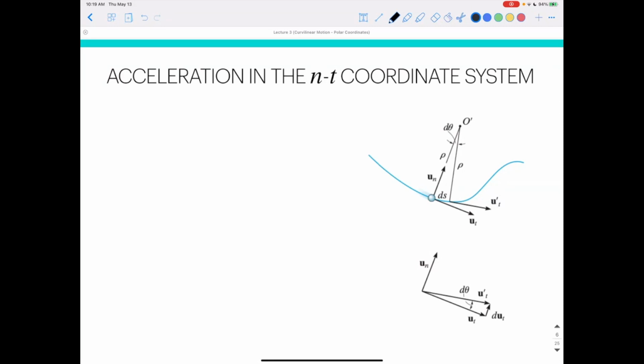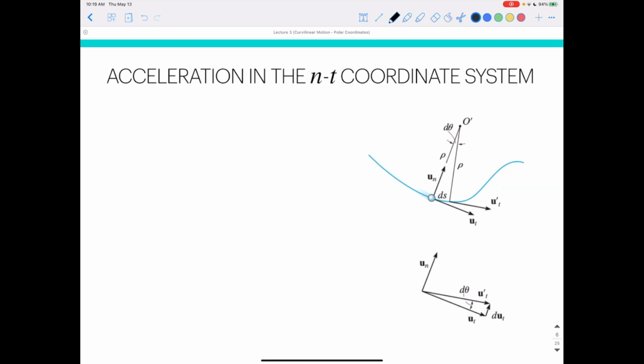So we know the definition of acceleration is the time rate of change of velocity. When we defined that with rectangular coordinates, it was just the time rate of change of our velocity vector, which was the second time derivative of our position vector. In this case, we don't really have a position vector. Our position is just defined by the unit vector directions u_t and u_n, and we have some path function s. So how do we actually calculate acceleration in this case?